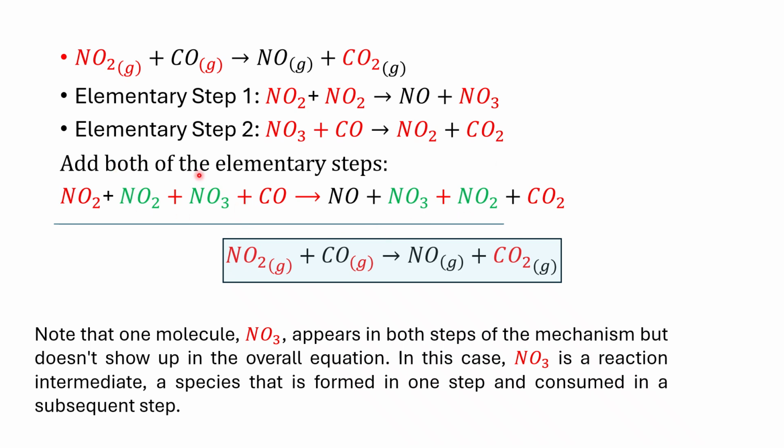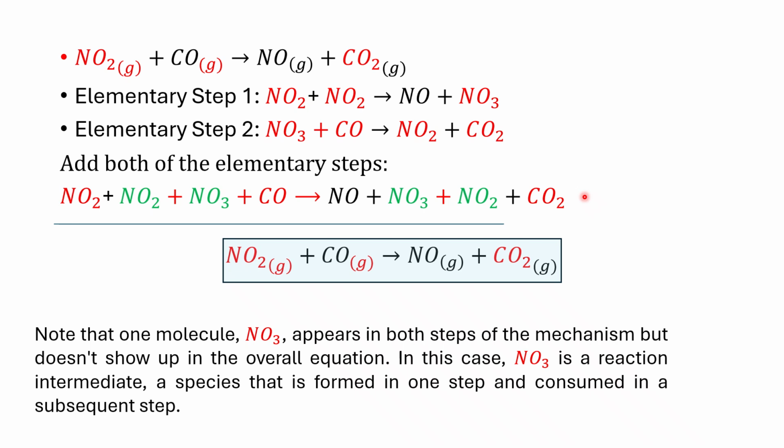We add both of the elementary steps. It will give us NO2 plus NO2 plus NO3 plus CO resulting in NO plus NO3 plus NO2 plus CO2.